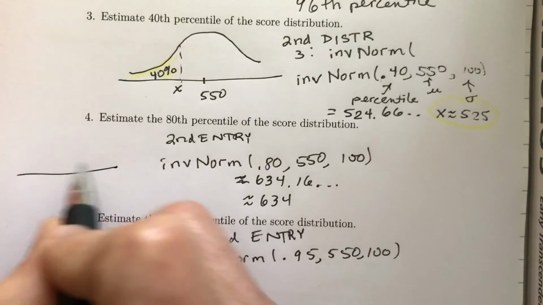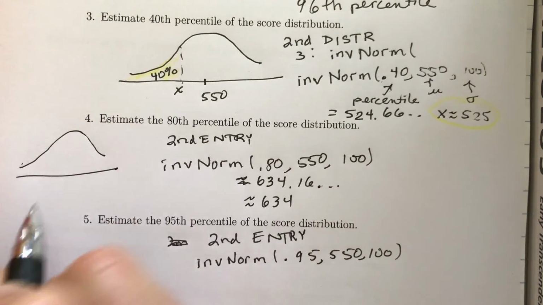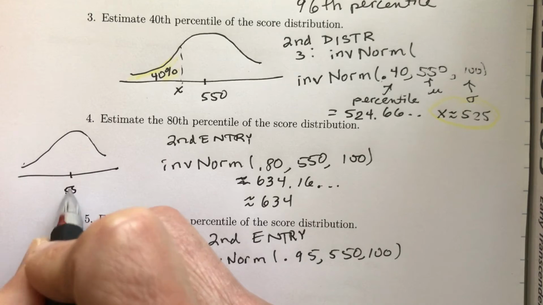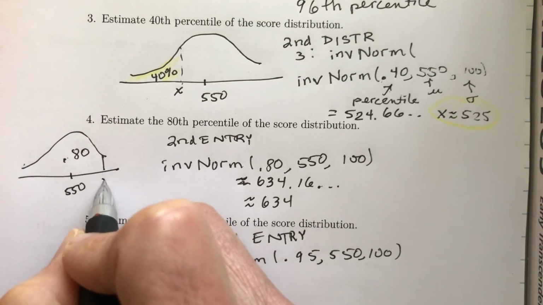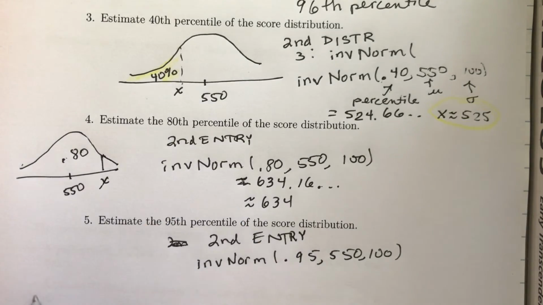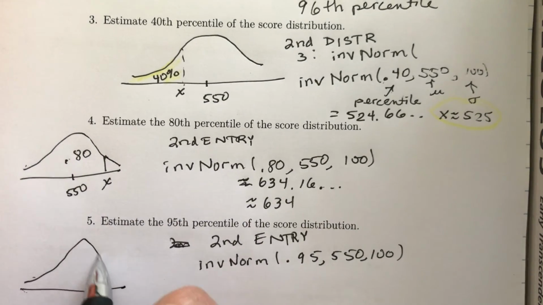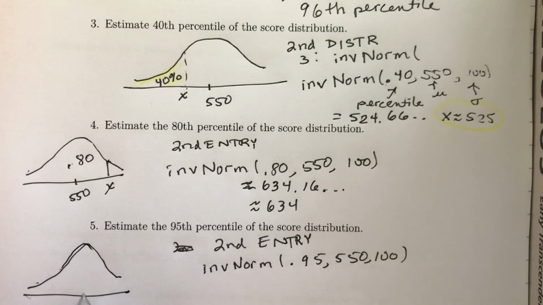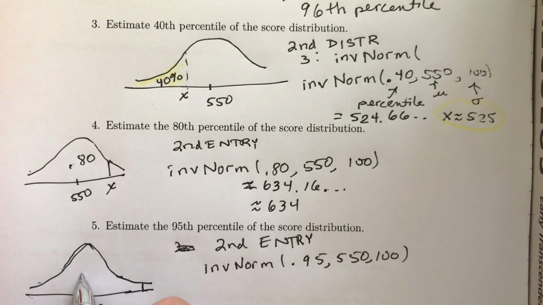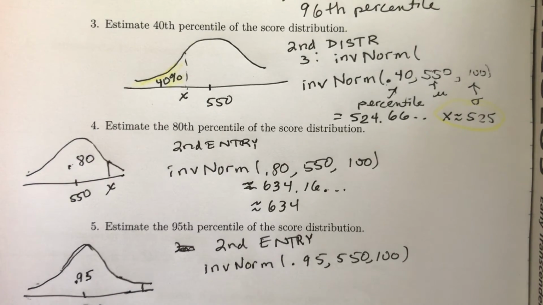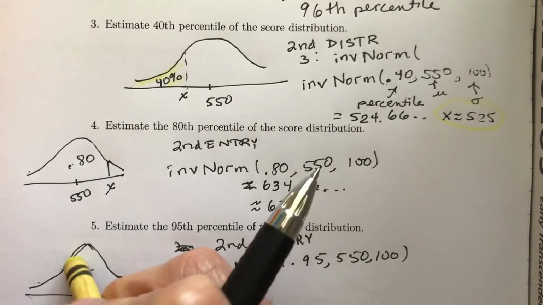Oh, I guess I'm supposed to draw pictures too. So this is 550. So 80% is over here, so we're trying to find x. And then over here, I'm drawing it a little too freehand maybe.